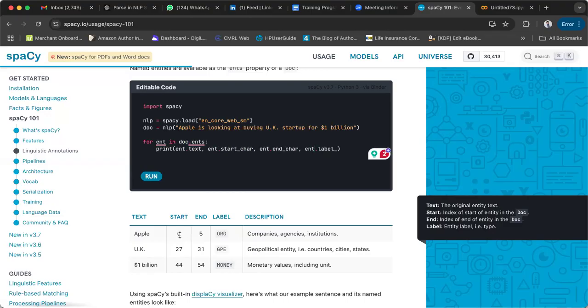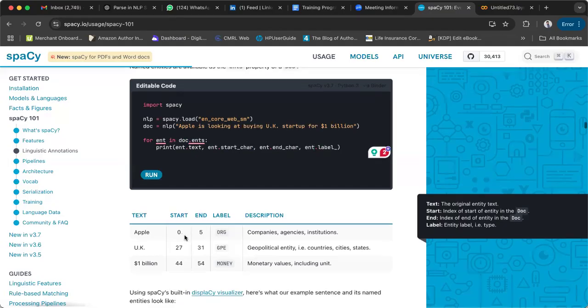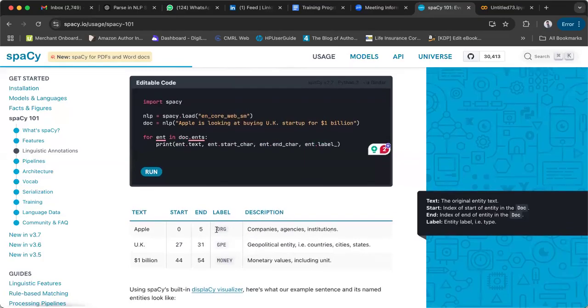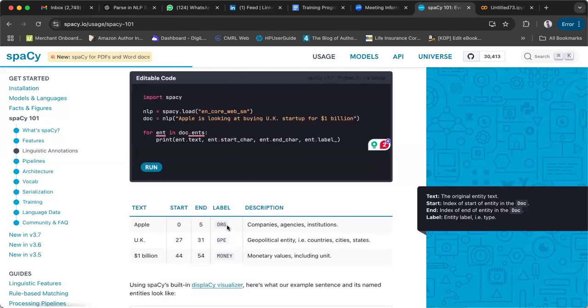It starts with zero because Python reads the index value starting from zero. It starts with A and ends at the fifth character. The label is obviously for companies, agencies, institutions, organizations. ORG is organization. UK is a country name, showing where it is from.